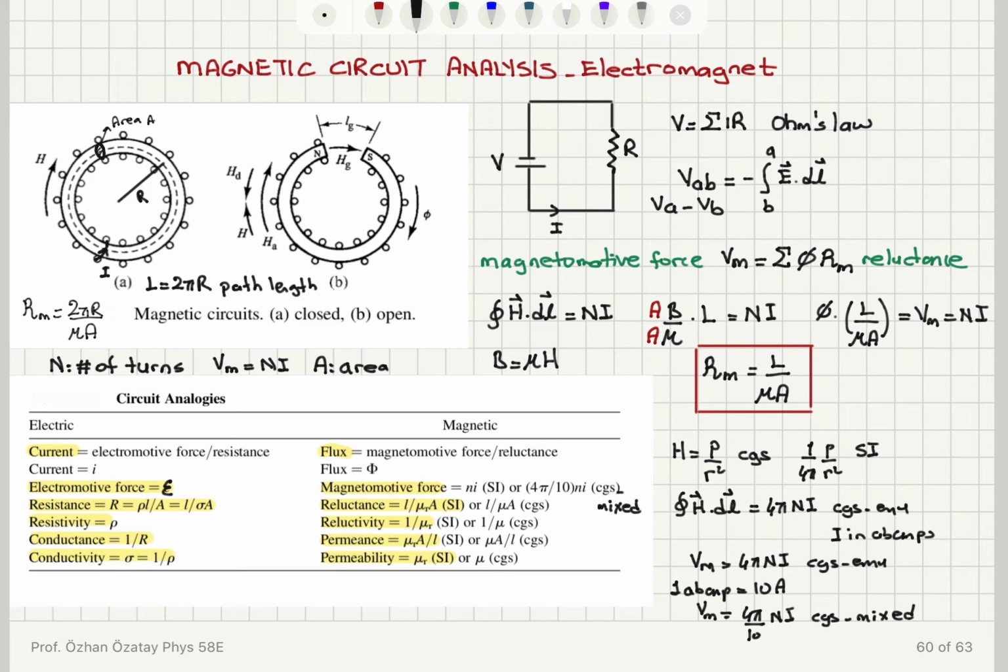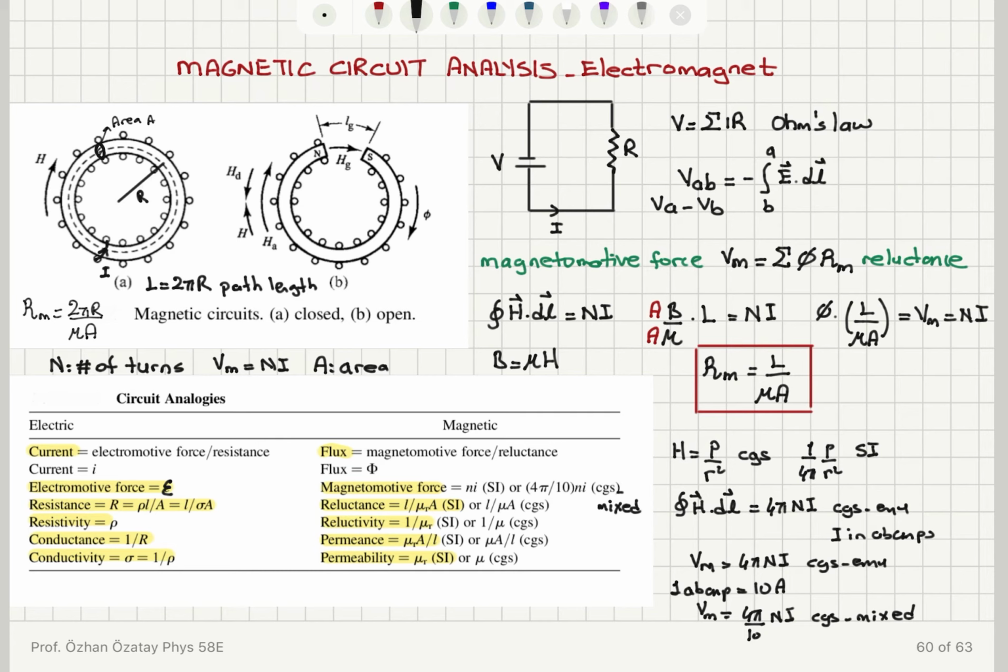Magnetomotive force, on the other hand, is the sum of flux times reluctance, and reluctance is analogous to resistance, flux is analogous to electrical current. If you write Ampere's law for a closed path, H dot dl is equal to Ni, using SI units, and that integral of H dot dl is your magnetomotive force.